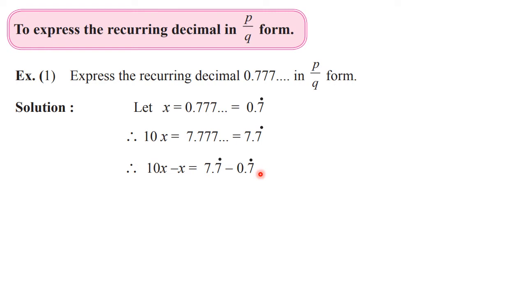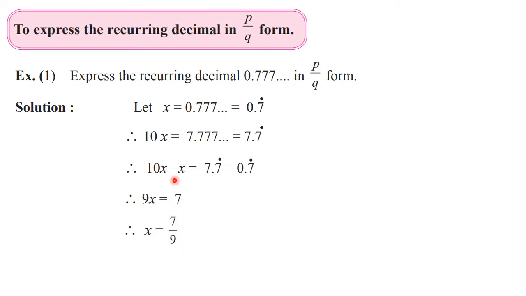We will get 0 there, and 7 minus 0 is 7. So what will we get here? 10x minus x gives us 9x. 9x is equal to 7, and therefore x is equal to 7 divided by 9, that means 7 upon 9.